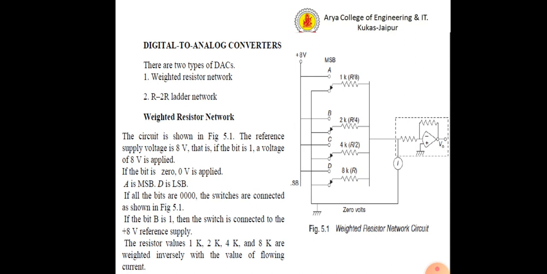Therefore, the corresponding resistance is low. If D is 1, D here being the least significant bit, it corresponds to 1 in the decimal system.